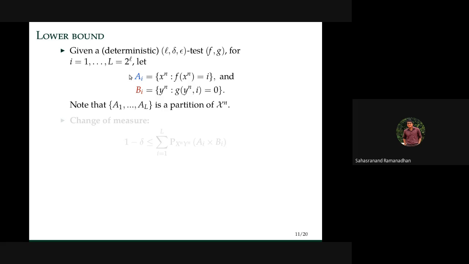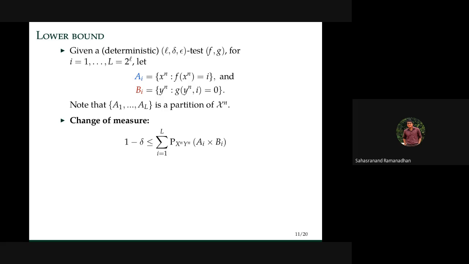So basically AI cross BI is that subset of xn cross yn for which party 1 sends the index I and party 2 receives this index I and declares h0.